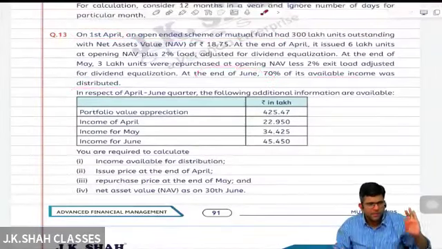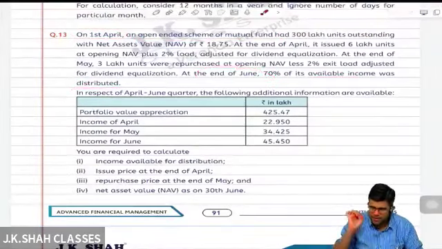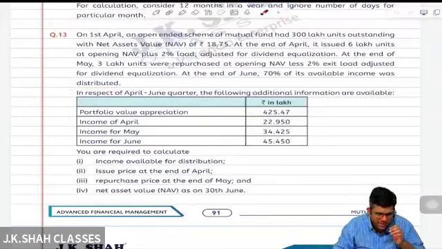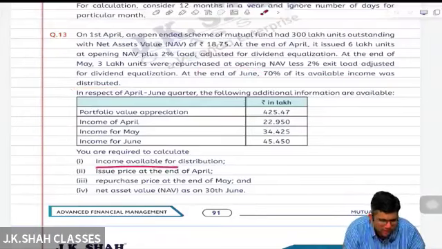Which means on 1st April I issued units. April, May, June happened. At the end of June, I want to distribute whatever income I have.